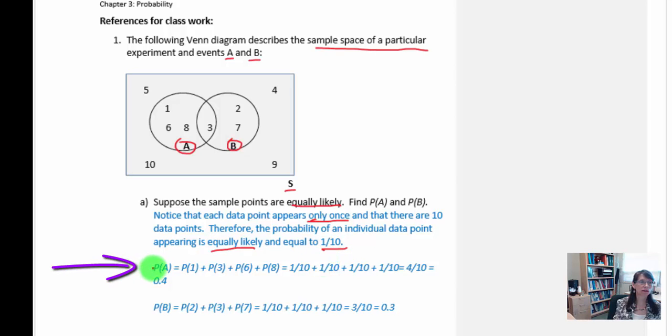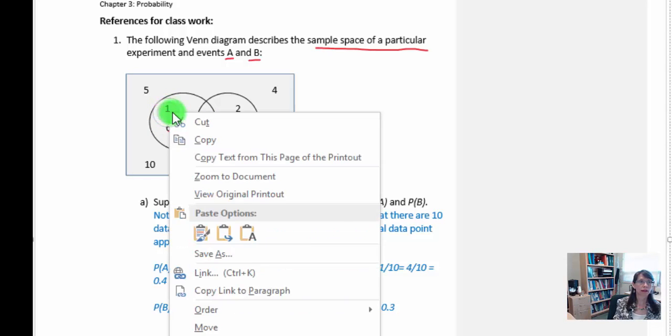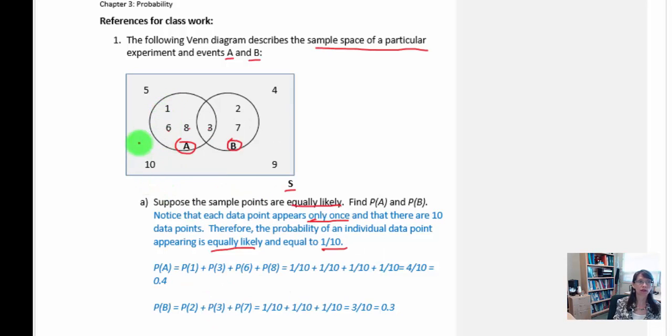The probability of event A means we're looking for the probability of the numbers 1, 3, 6, and 8 occurring. So we have the number 1 appearing 1 time out of the 10 numbers. So the probability of A is the probability of the number 1, added to the probability of the number 3, added to the probability of number 6, added to the probability of 8.